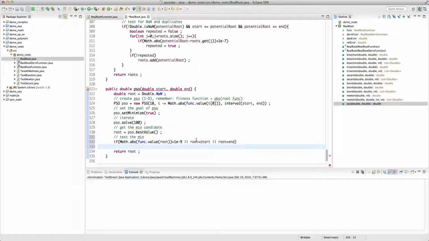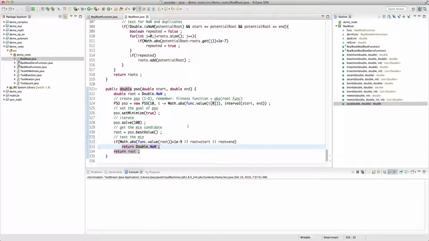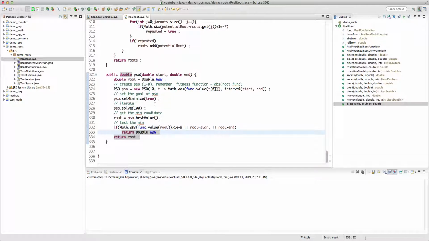So we're going to make sure that the root is in fact in the interval. So if the function at the root candidate is not close enough to 0, or the root is outside our search interval, we're just going to return a NaN. Otherwise we take it as the root. All right, so this is how we implement the PSO.